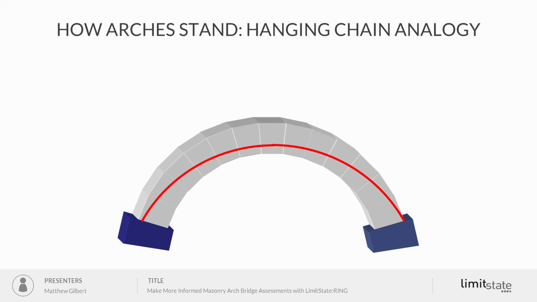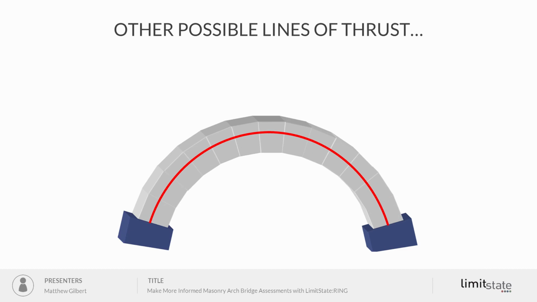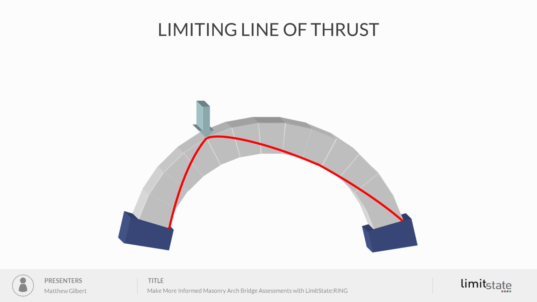So there's a red profile that we call the line of thrust or line of compression, but this is a statically indeterminate structure, so there are actually other possible lines of thrust, and we don't know in advance which of those is going to be active at any particular time. However, when we apply, for example, an eccentric load to our masonry arch, and we keep increasing that, we'll come to a point at which we can only just fit that line of thrust within the thickness of the masonry.